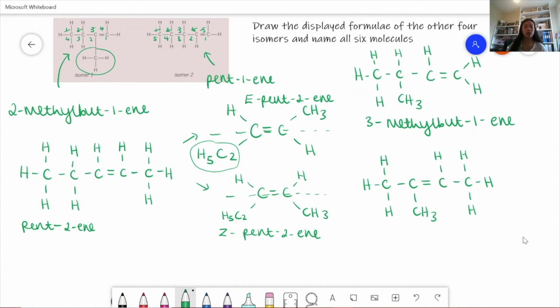And so we call this 2-methylbut-2-ene, because if we label the carbons, we have 1, 2, 3, 4, or 1, 2, 3, 4. So no matter which way we do it, the double bond will always be on the 2, because we have to pick between 2 and 3, and 2 is the lowest number, and so we'd always pick 2. And so this methyl group is also on this second carbon, and so this is 2-methylbut-2-ene. And these are all 6 isomers of C5H10.